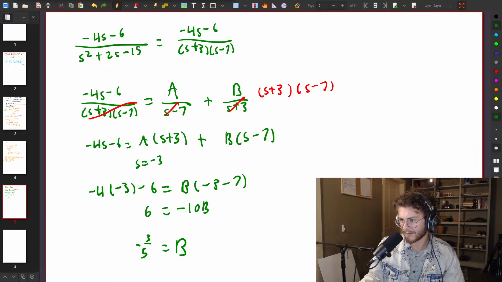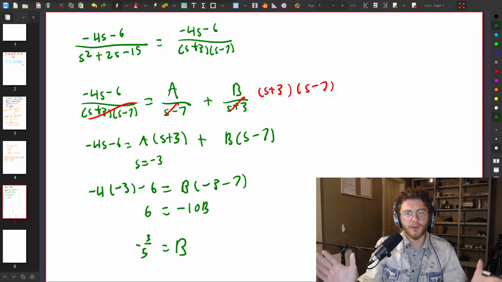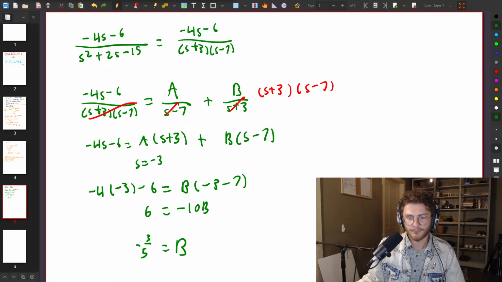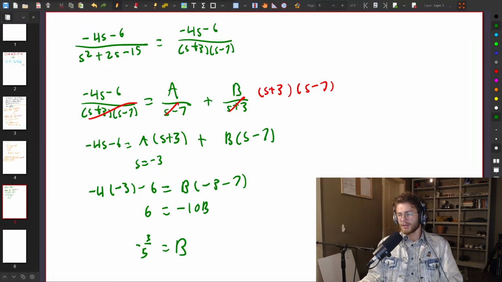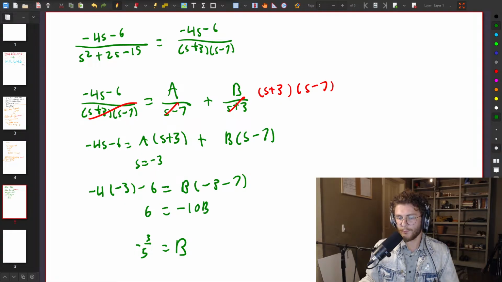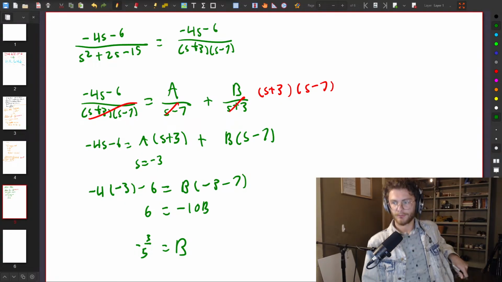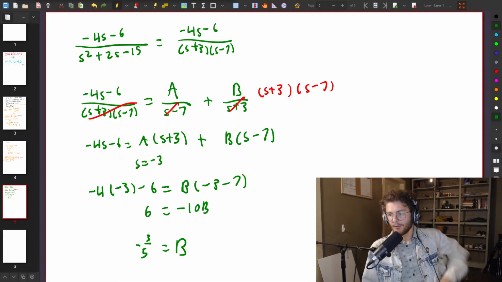And that's going to give us back the negative 3/5. I thought this was right. We gotta figure this out. We ain't gonna have a fun time, are we? We can figure it out.